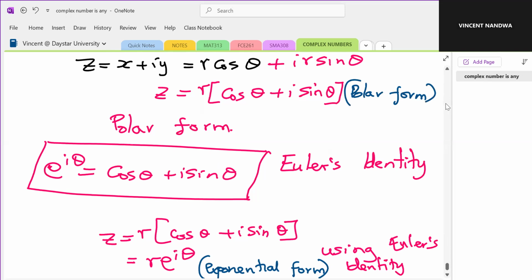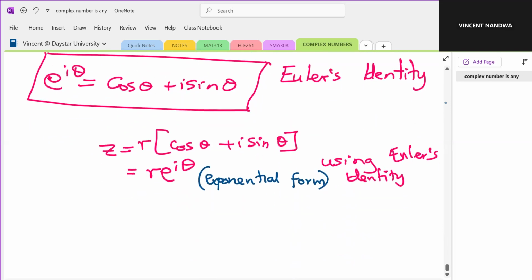So having that now, let's see how we can do the conversions from rectangular or Cartesian form into polar form.